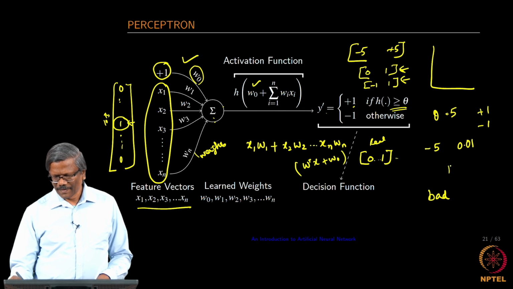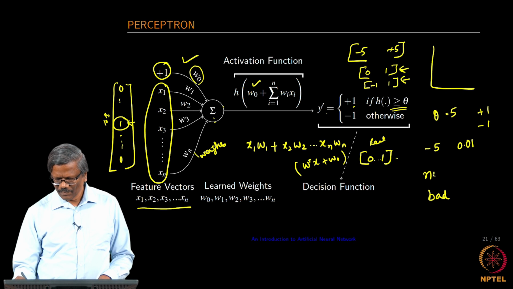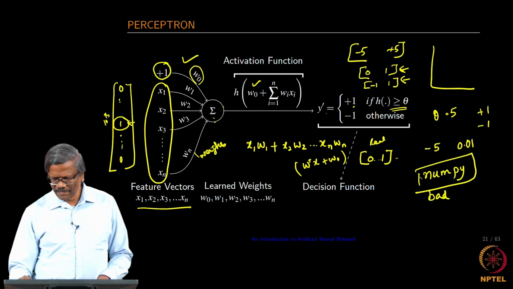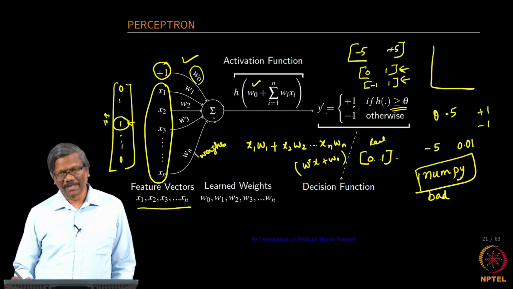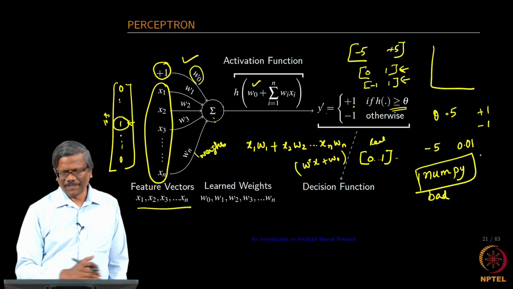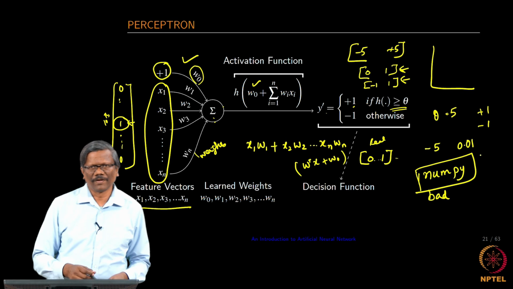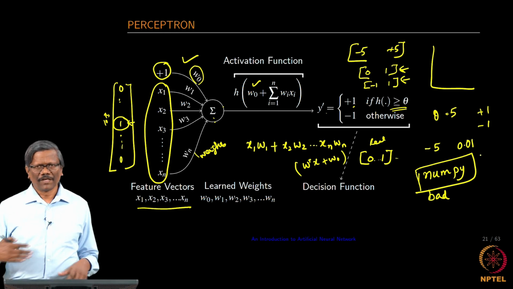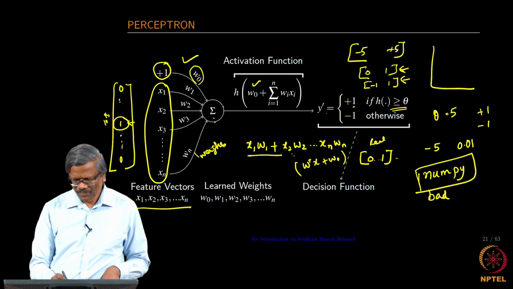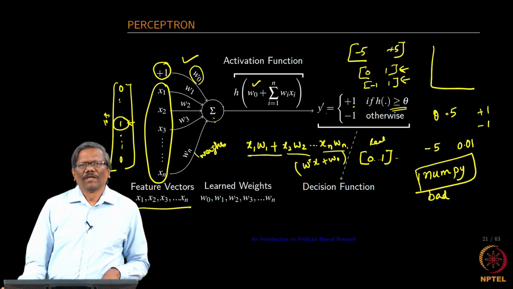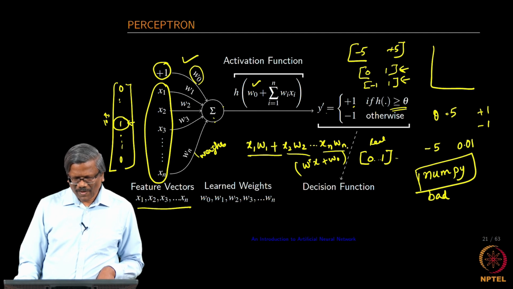I want you to go and take a look at NumPy. A lot of linear vector operations, or rather linear algebraic operations, are performed in this library NumPy, and you can very easily translate this into NumPy and do it instead of writing loops of instructions to add this.